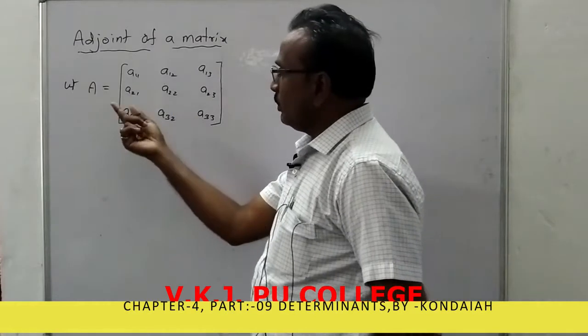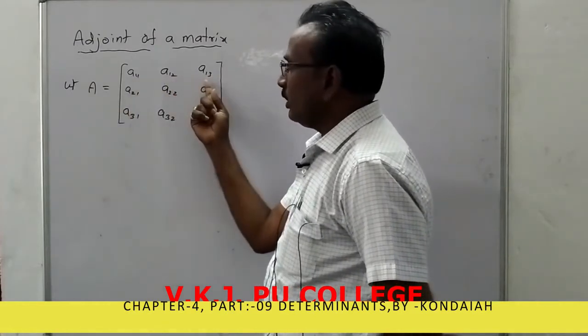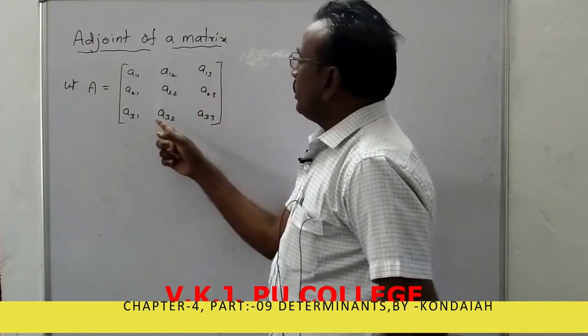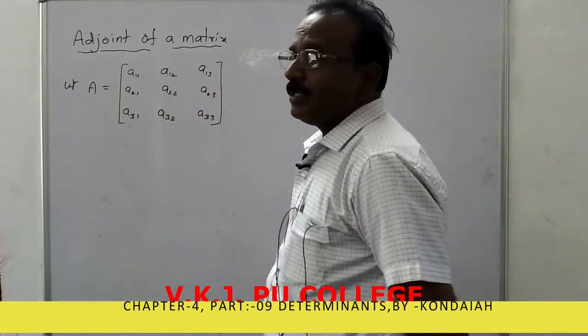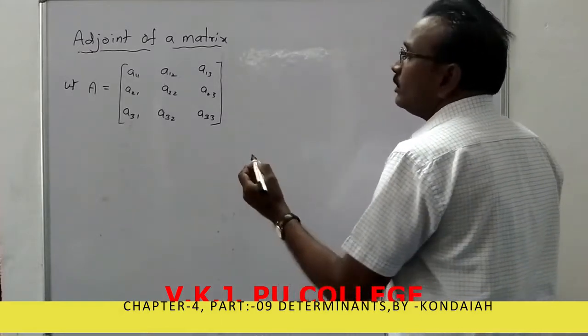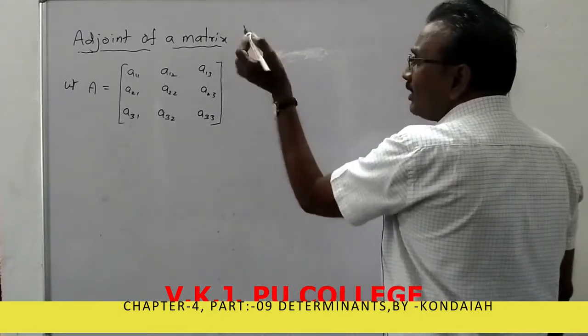Let A be equal to A11, A12, A13, A21, A22, A23, A31, A32, A33. So consider a 3 by 3 square matrix. Then the adjoint of A. So now what is the definition?